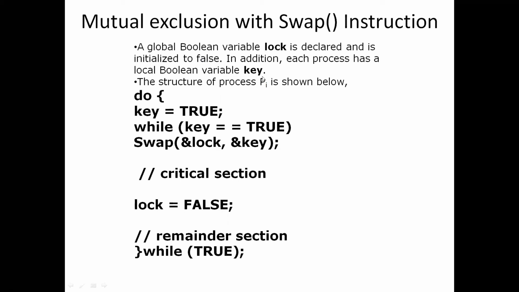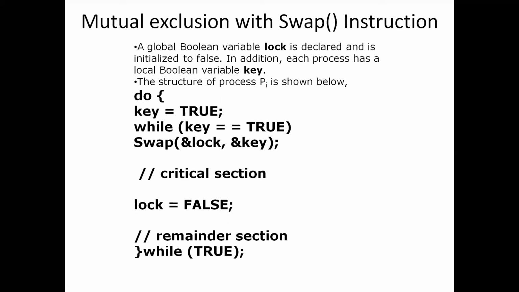The variable key is holding the value true, stored at memory location 2000. Key is pointing to memory location 2000, where we have the value true. Lock is pointing to memory location 1000, where we have the value false.